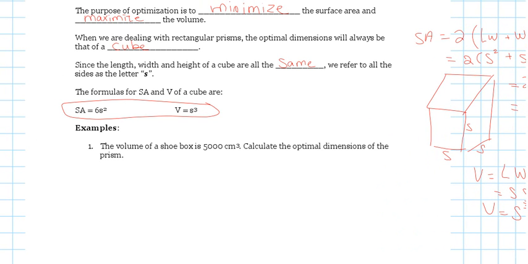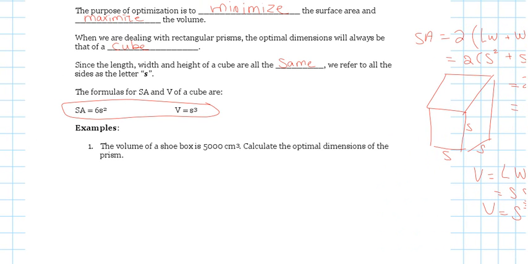And this is your shoebox example, and we're going to make it into a cube. So the volume of a shoebox is 5,000 centimeter cubed. Okay, so they give me the volume. They're asking me to calculate the optimal dimension, and here's your key word that you're looking for: optimal. If the question doesn't say optimal, then it's a regular question.